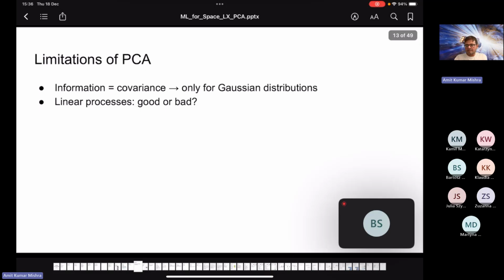PCA only has vector and matrix multiplication, hence PCA is a linear process. It has its own merits and demerits. The merit is that the processing is very simple. Computers are optimized for that kind of processing, so it is very efficient to implement in digital computers. The bad thing is that linear processes don't really capture all the intricacies of natural phenomena.